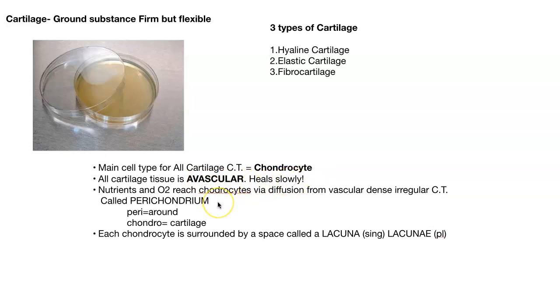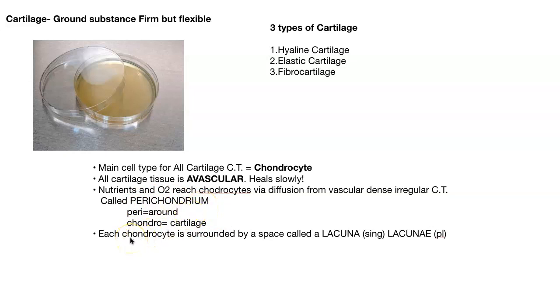So how do we get nutrients and oxygen to our chondrocytes? They are going to diffuse from a vascular, dense, irregular connective tissue called the perichondrium that surrounds the cartilage. Peri means around, chondro means cartilage.